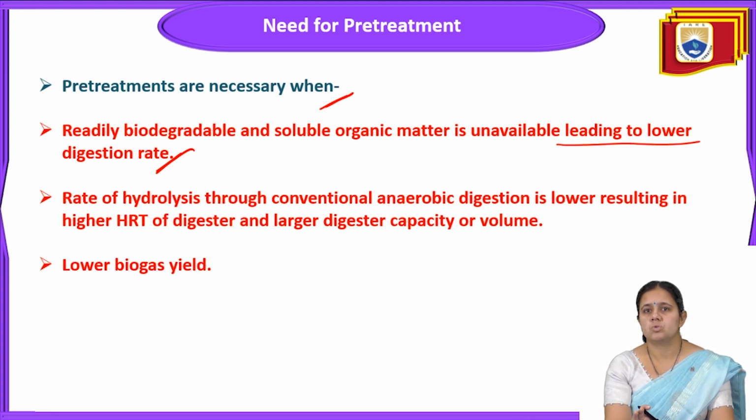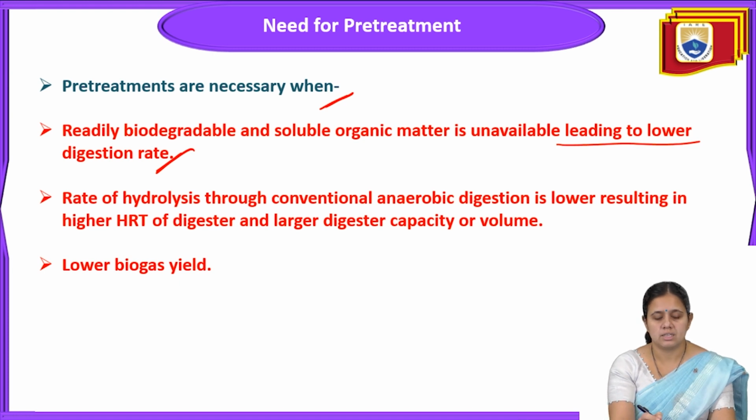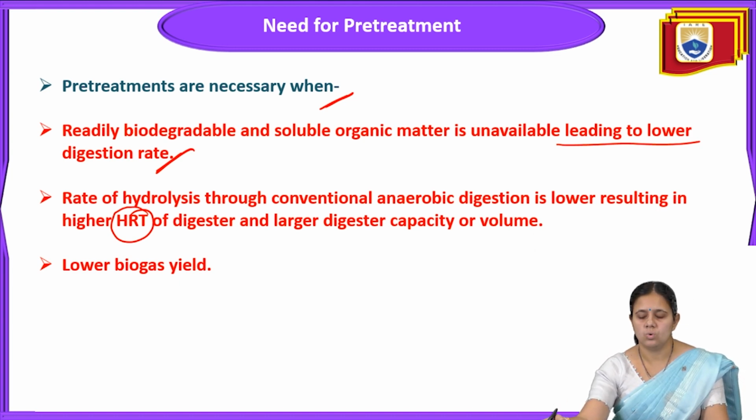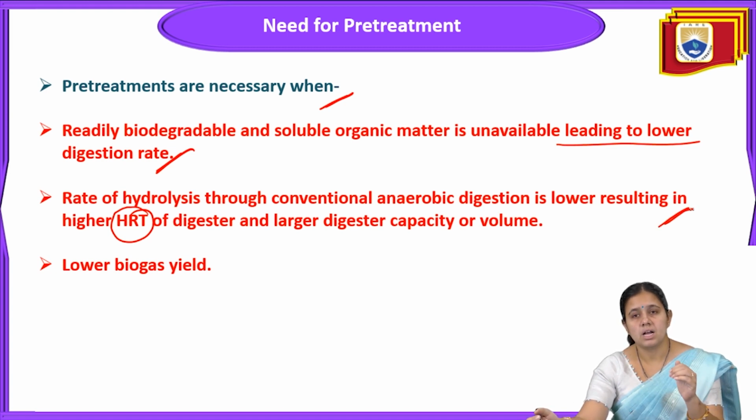Then it will lead toward the lower digestion rate, and the rate of hydrolysis through conventional anaerobic digestion is lower, resulting in a higher HRT of the digester and the largest digester capacity or volume.